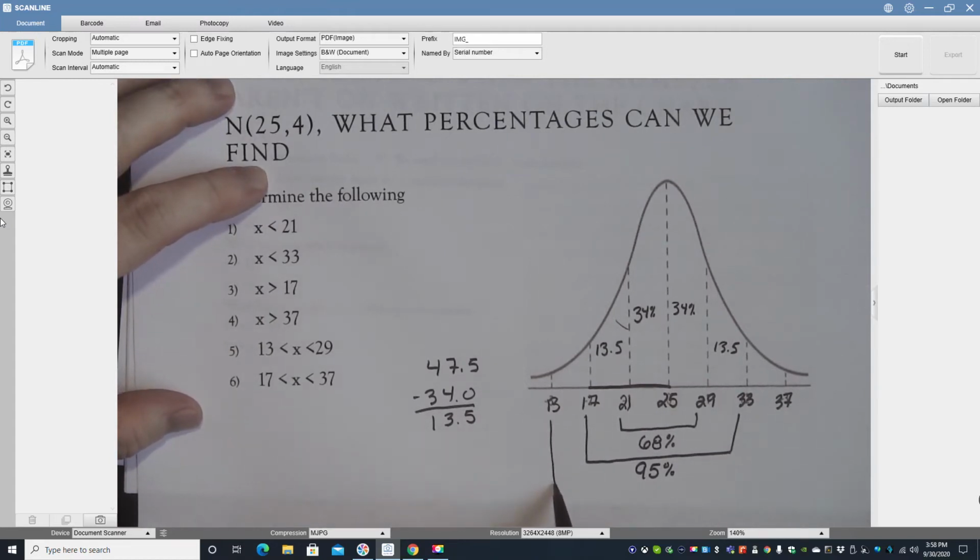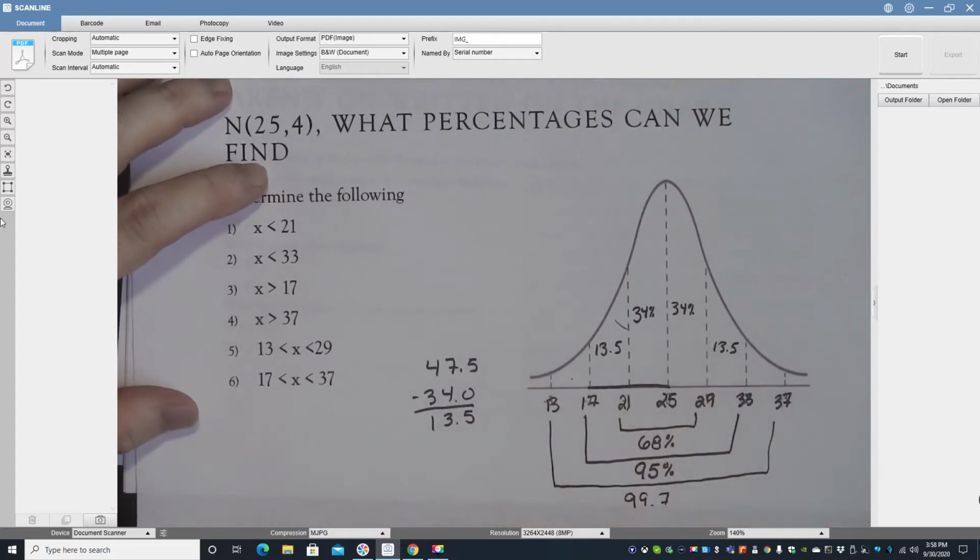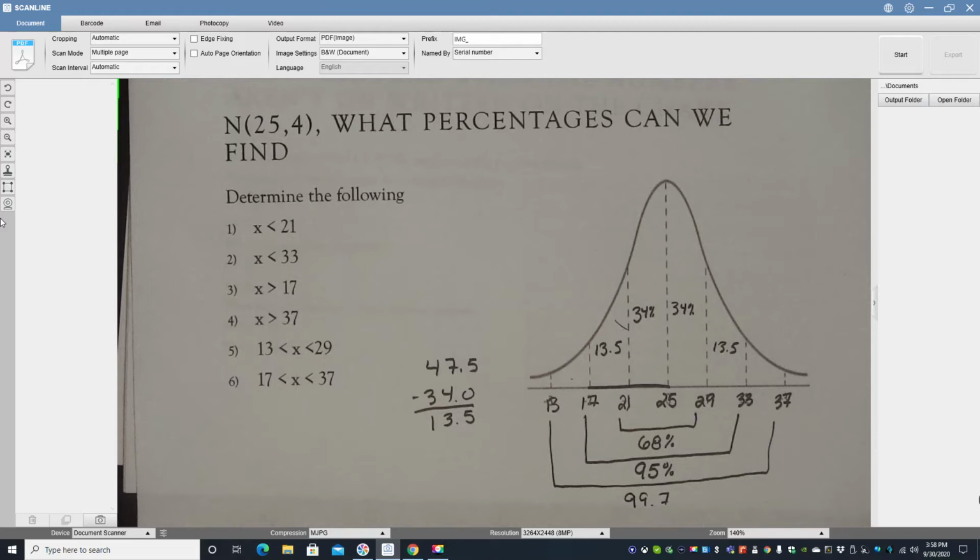So remember we talked about on the other page that this was 99.7. I'm going to find this portion now. So we're going to do the exact same thing. We're going to cut 99.7 in half. So let's see, half of 90 is 45. Half of 8 is 4. And half of 1 is 0.5.